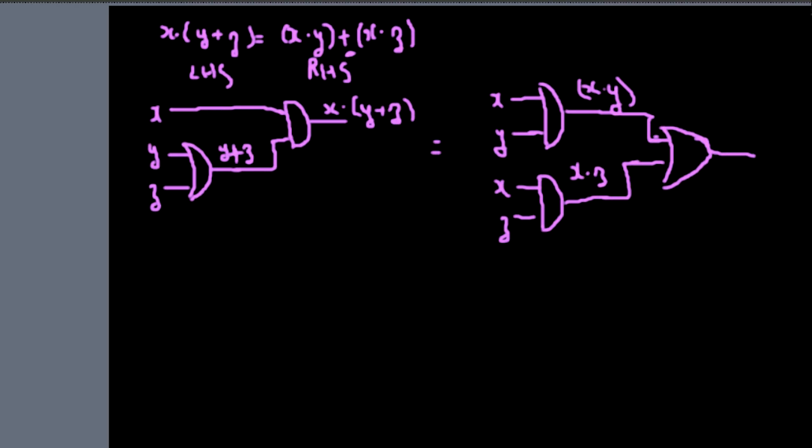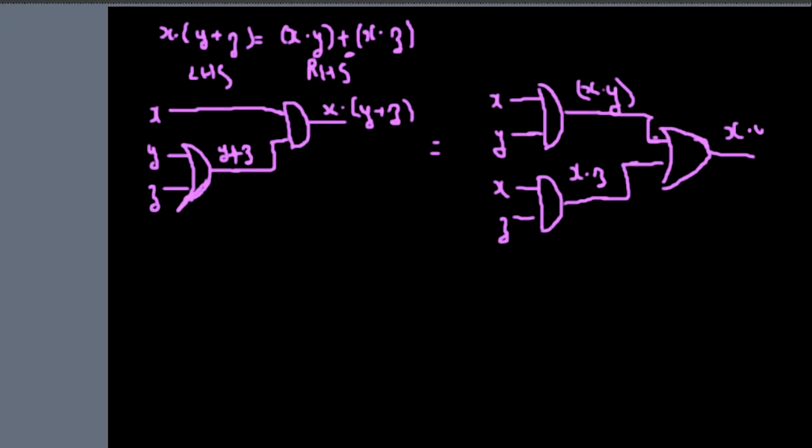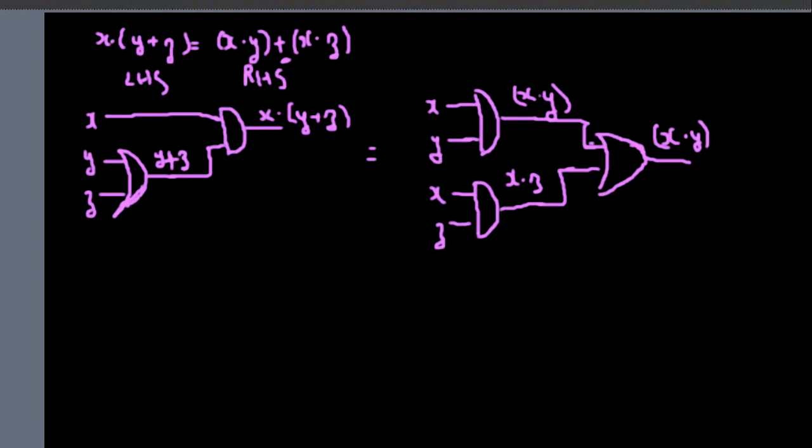So the output would be x multiplied with y plus x multiplied with z. You can verify that these two are the same using a truth table as well.